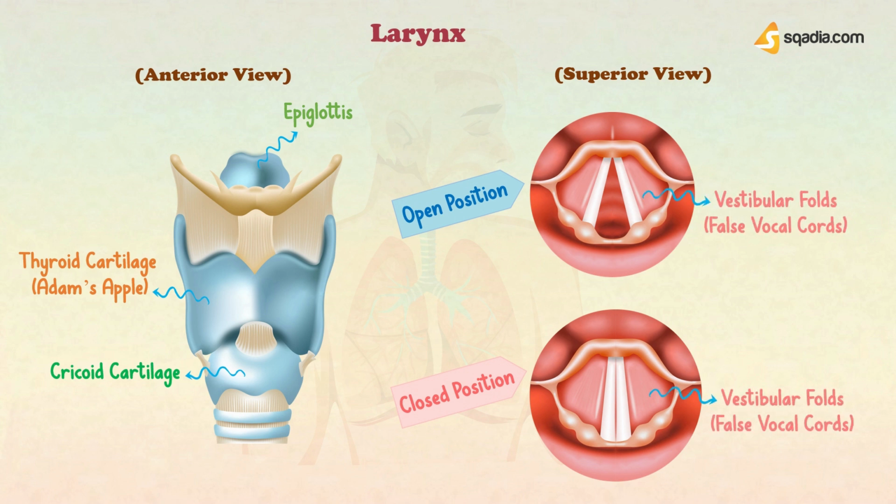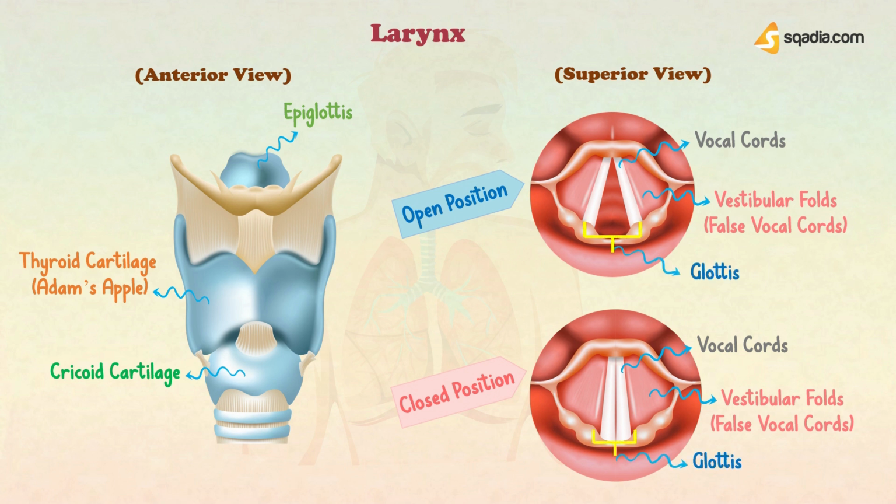The superior pair, called vestibular folds, or sometimes referred to as false vocal cords, which play no role in speech. Rather, close the glottis during swallowing to keep food and liquids out of the airway. The inferior pair, called vocal cords, produces sound when air passes over them during exhalation, while the opening between the cords is called the glottis.